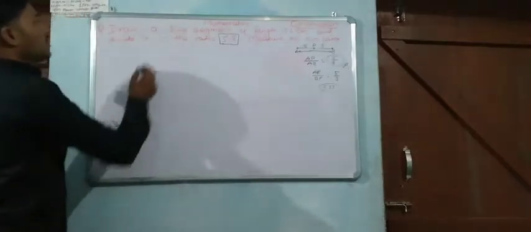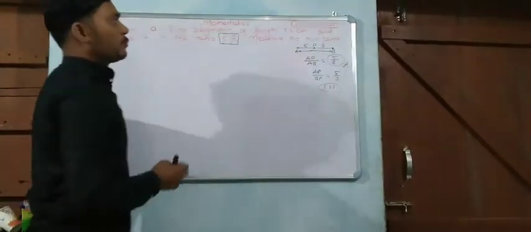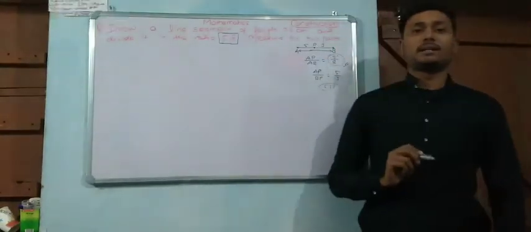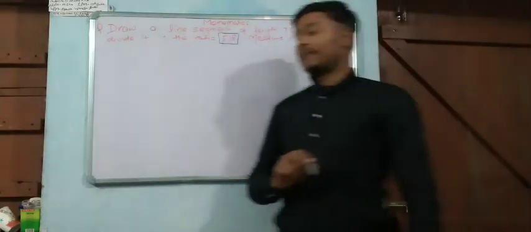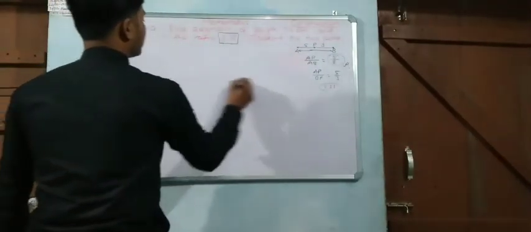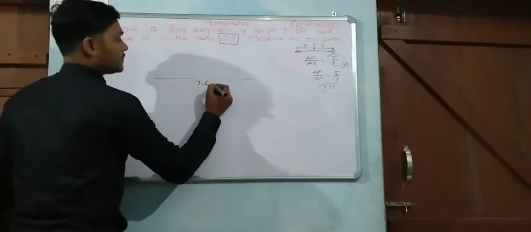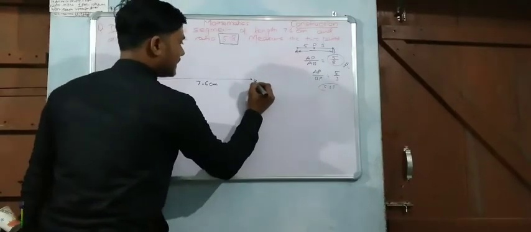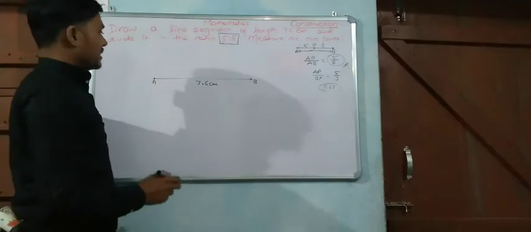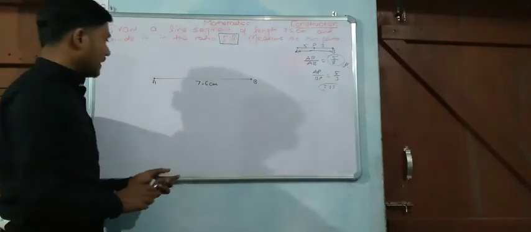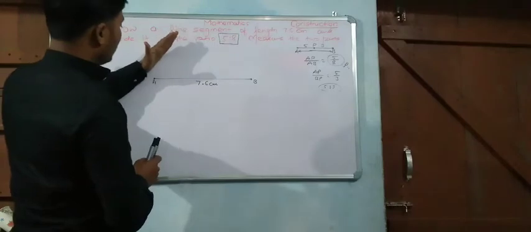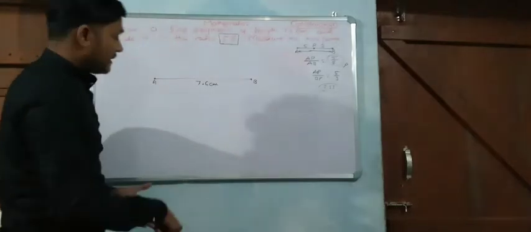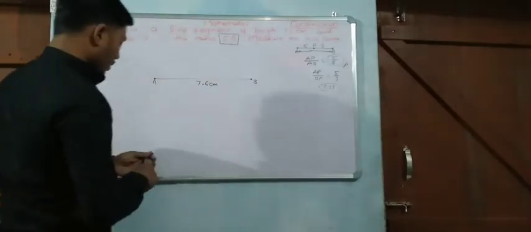Let's come to the construction. Draw a line segment of length 7.6 centimeter. The first step is to construct a line segment of 7.6 centimeter using a ruler, and put A and B at its ends. Then, second step, construct an acute angle from A, whether above or below. In the first lecture I chose above, and in this lecture I will do the same.